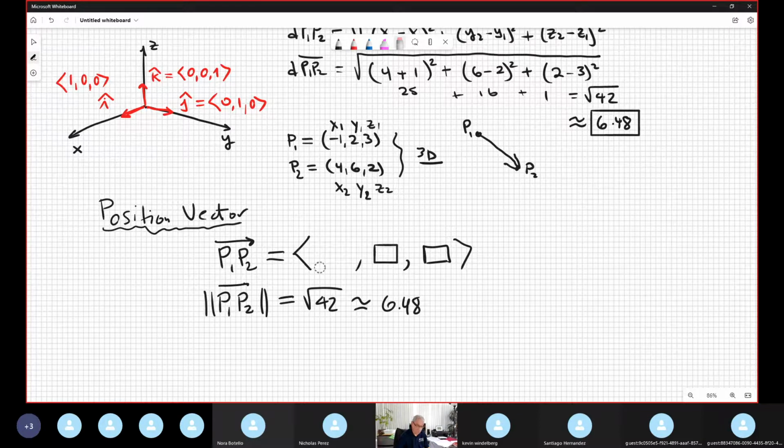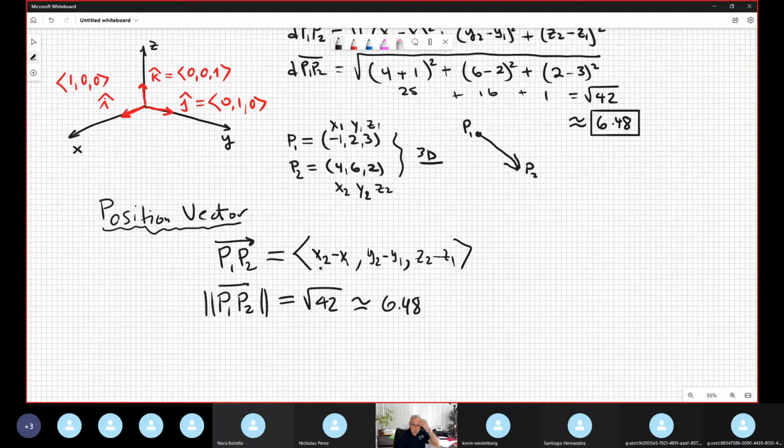Okay, the formula is x2 minus x1. Likewise, y2 minus y1 and z2 minus z1.